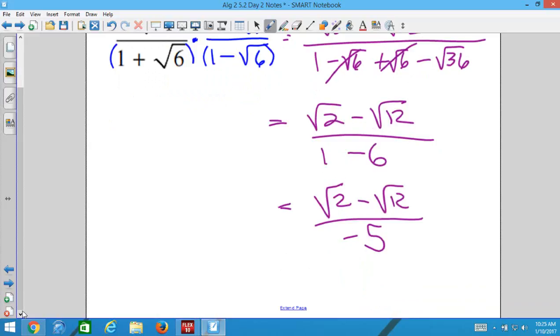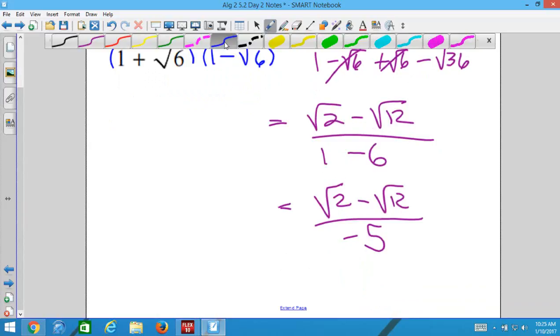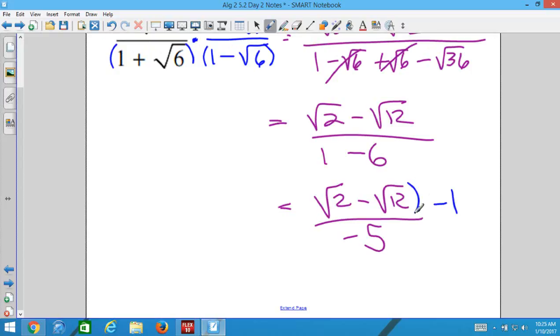Okay, so Jarrett is very unhappy that there is a negative in the denominator, so let's get rid of that. In order to get rid of that negative, you can multiply by -1, but it has to be -1 on the top and on the bottom, so you're really multiplying by +1, just in disguise, so it looks like it's a -1.